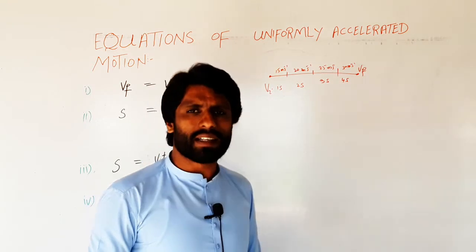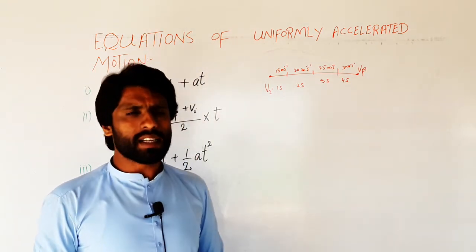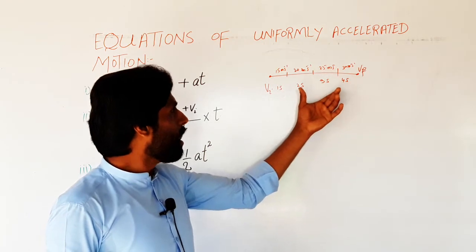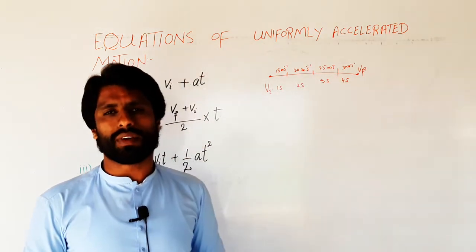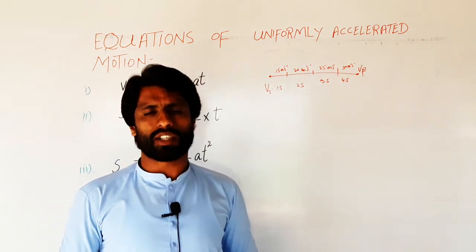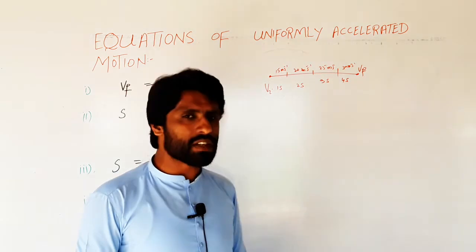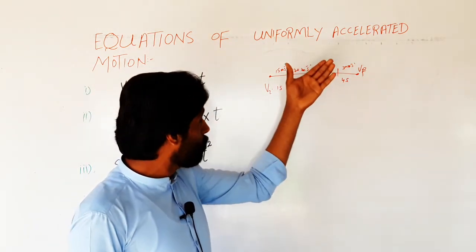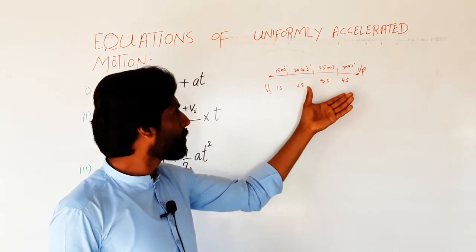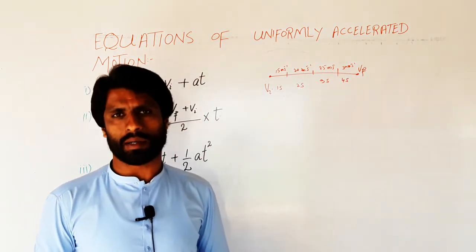In equal intervals of time the change of velocity is equal. This condition is when an object is moving with uniform acceleration. Uniform acceleration is defined as when an object is moving with uniform change in velocity with time.